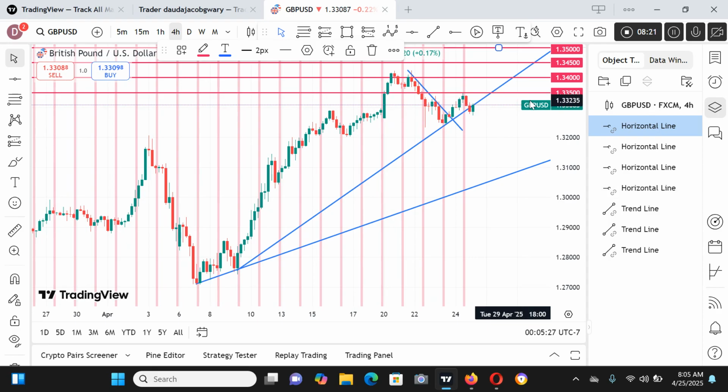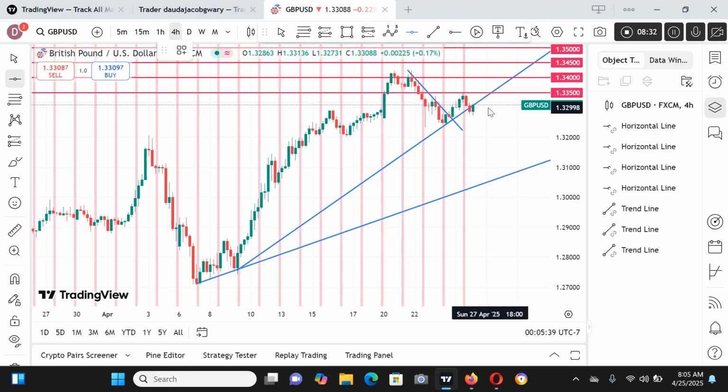So if this one was 3 3 500, the one below should be 3 3 0 0 0.